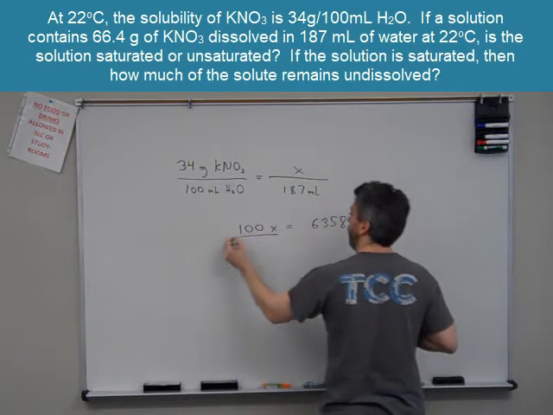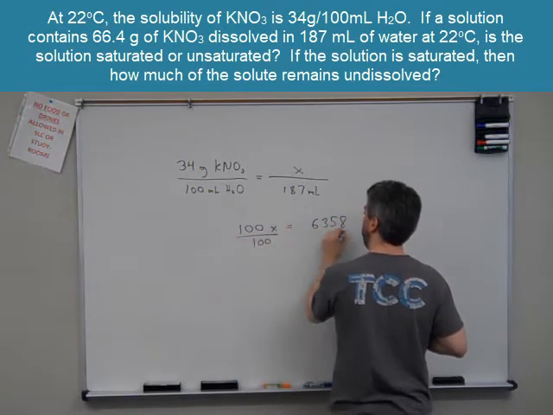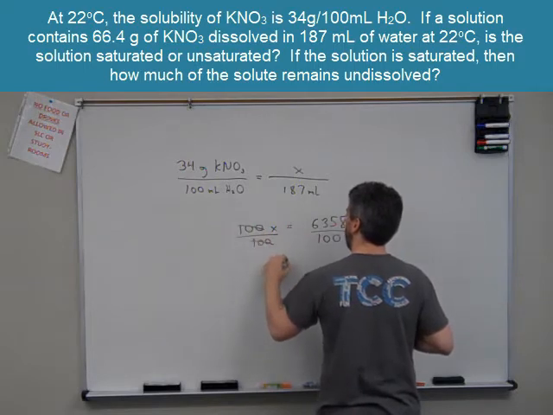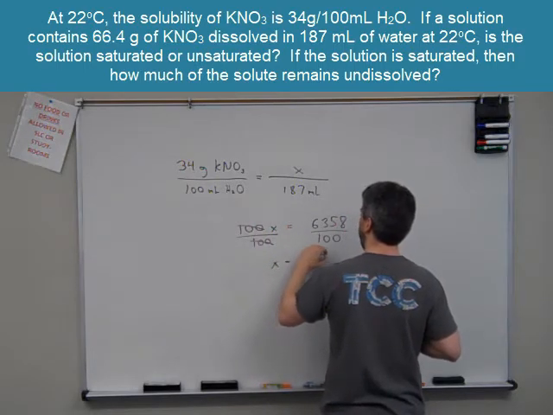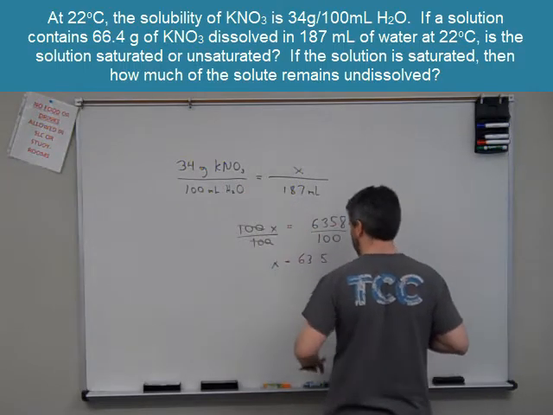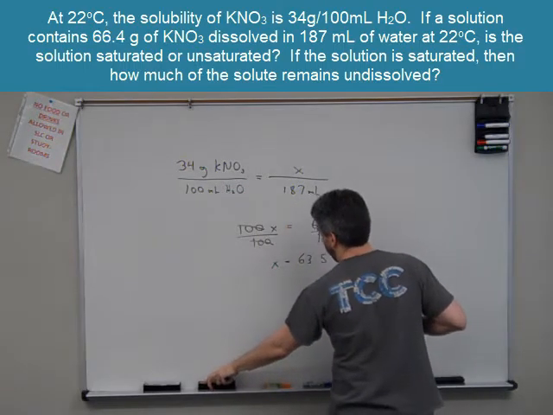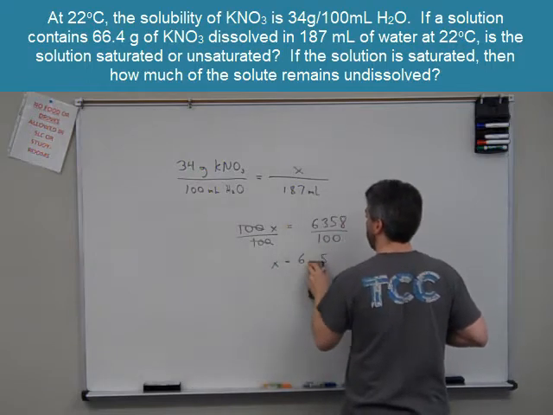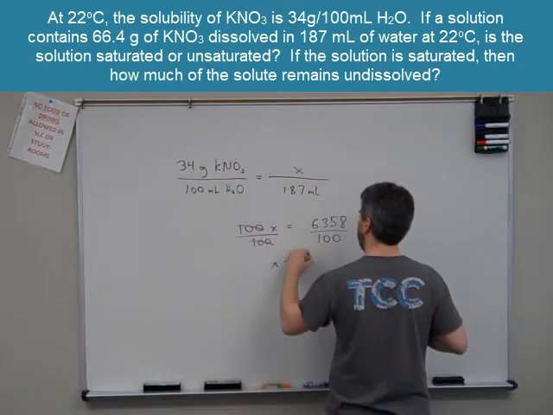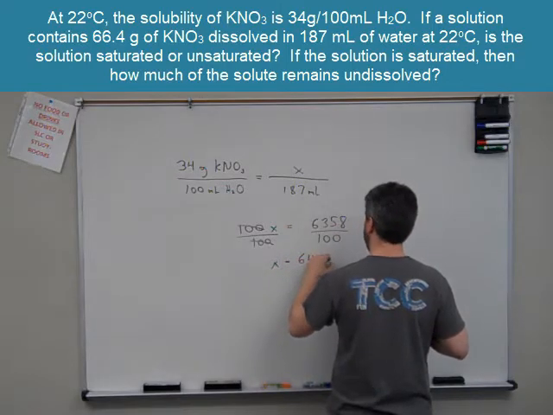But then you divide both sides by 100, and you do get 63.58. Now, of course, you only have two sig figs, so technically speaking, this would really round to 64 grams.